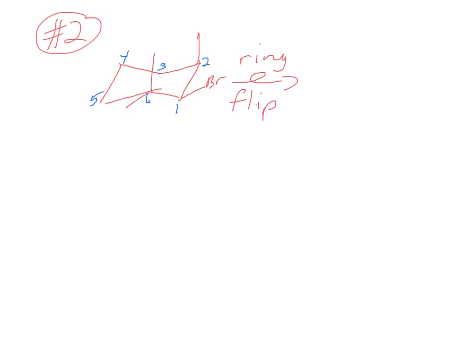I'm asking for a ring flip. So if we have the cyclohexane ring this way, to do a ring flip, 2 comes down. If 2 is like the headrest, 2 becomes the footrest, if you're a human sitting here, and 5 comes up and becomes the headrest. So I would draw it going the other angle.